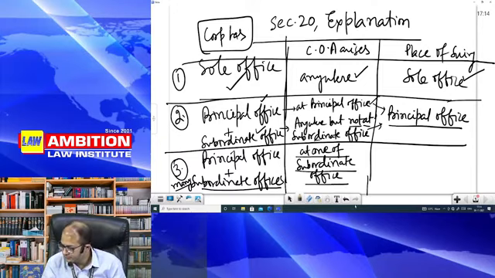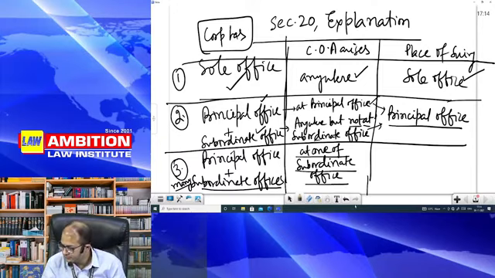Court of first instance at earliest possible opportunity. And in all cases where issues are settled, at or before settlement of issue. The moment issue is settled, then the trial begins.